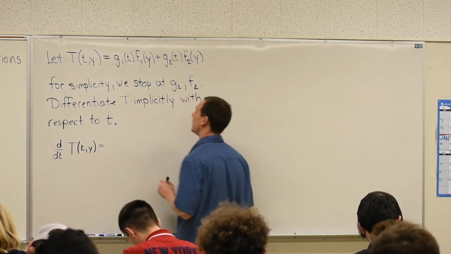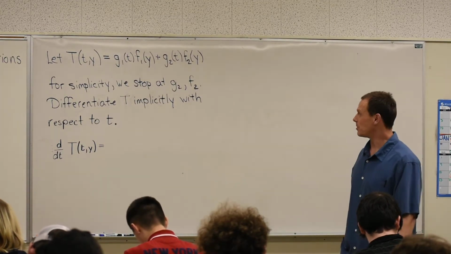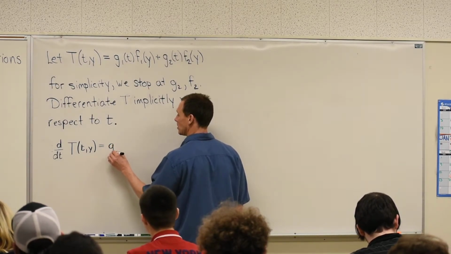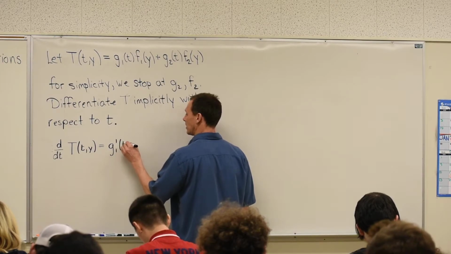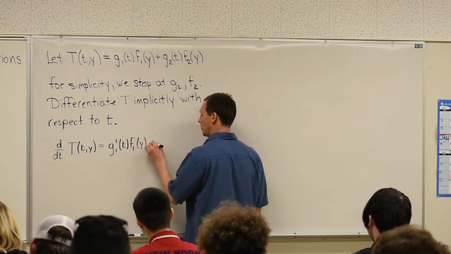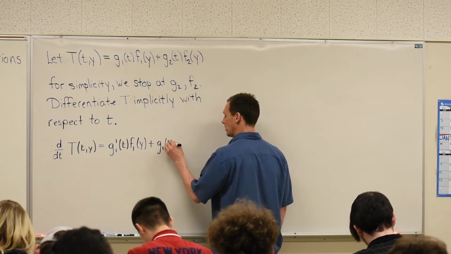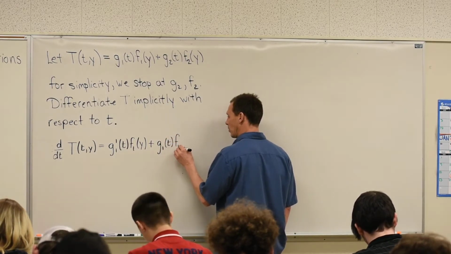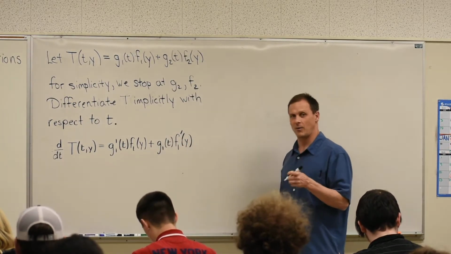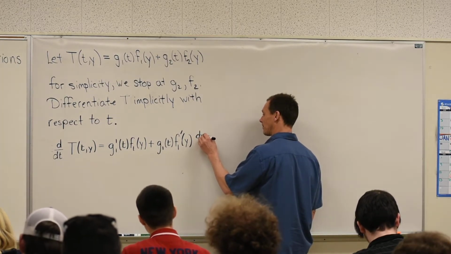So, wait a minute. Right off the bat, what do we hit? We hit a product, don't we? So we have to apply the product rule. So we're going to get a G1 prime of t F1 of y plus G1 of t F1 prime of y, but remember F is a function of y, y is a function of t, so by the chain rule, dy/dt.